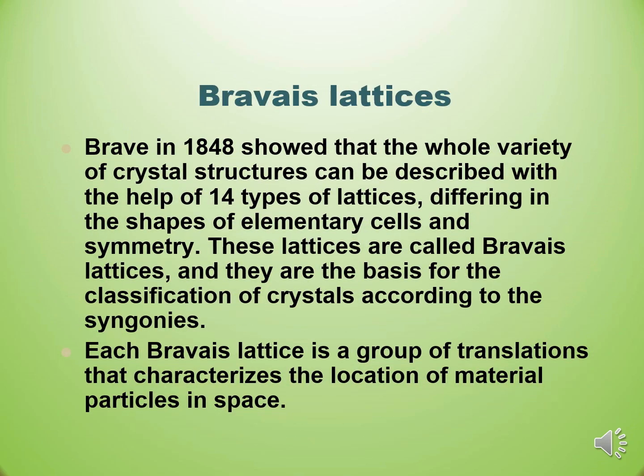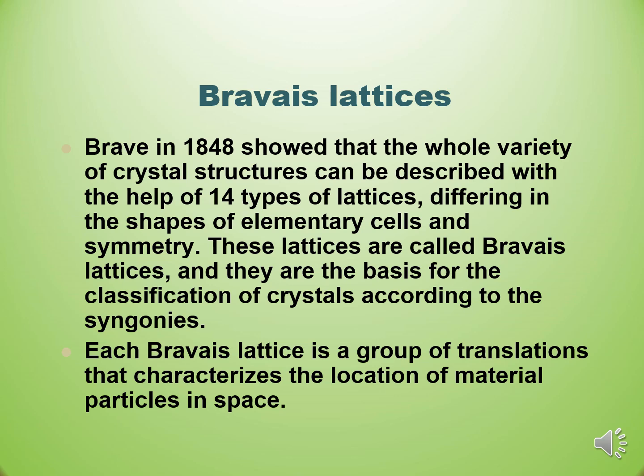Based on the idea of the periodic arrangement of the center's mass material particles, in 1848 Bravais showed that the diversity of crystal structures can be described using 14 types of lattice with different shapes of unit cells and symmetry.